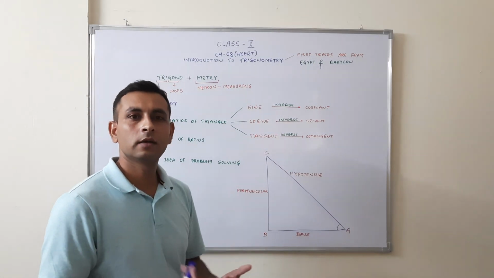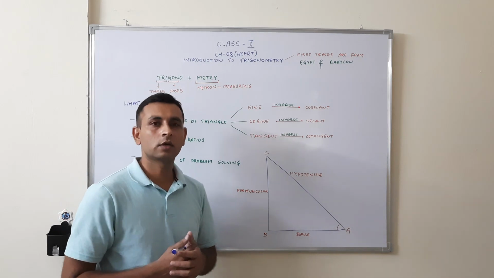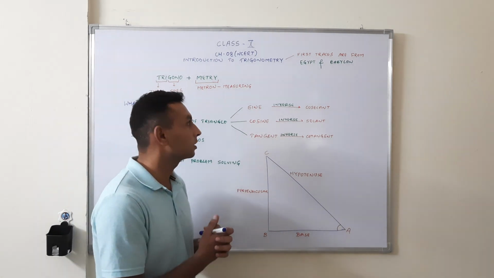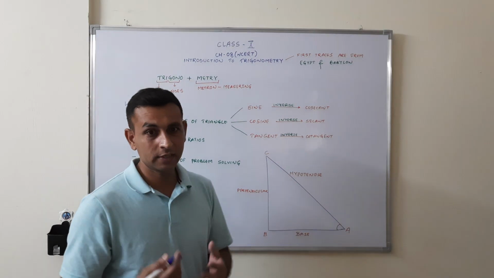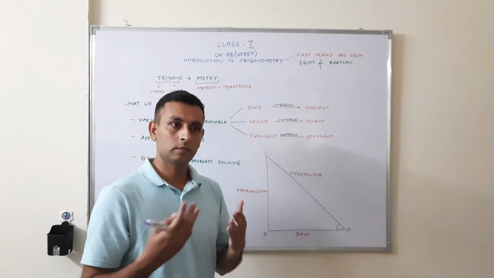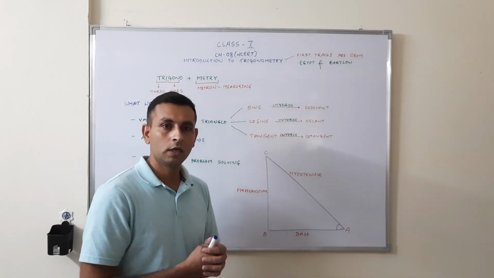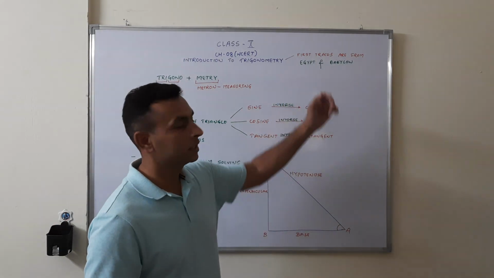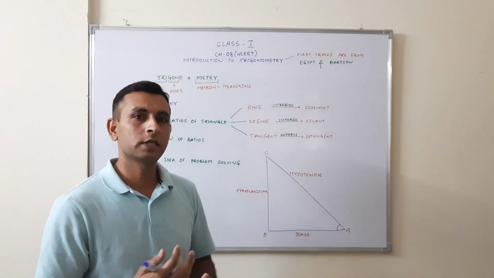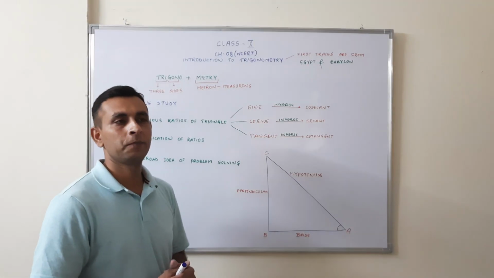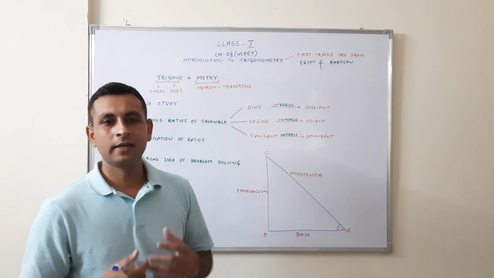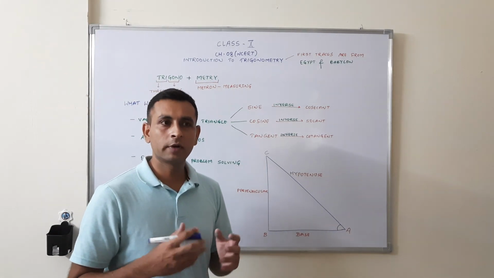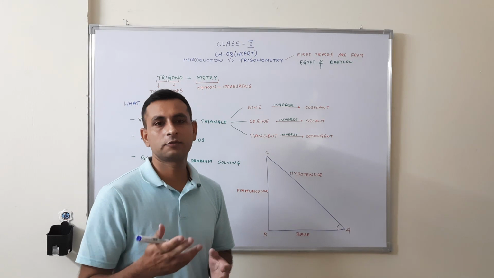Now, we need to know a little history about what we are studying here. So the first traces in the world come from Egypt and Babylon. You must have heard of various structures which were very nicely incorporated in Egypt.